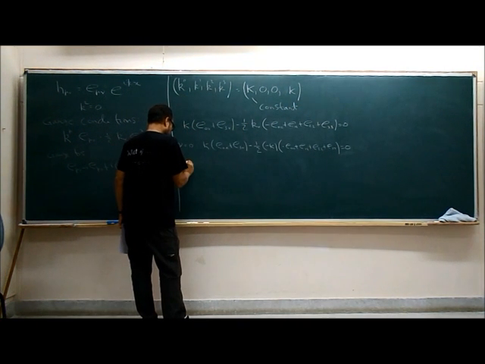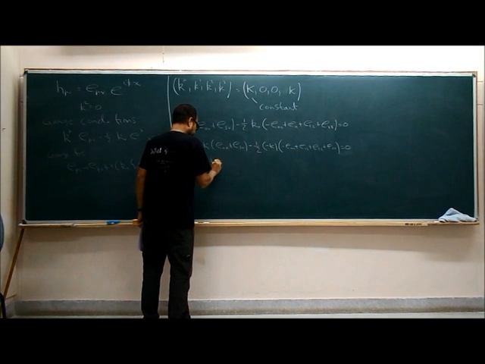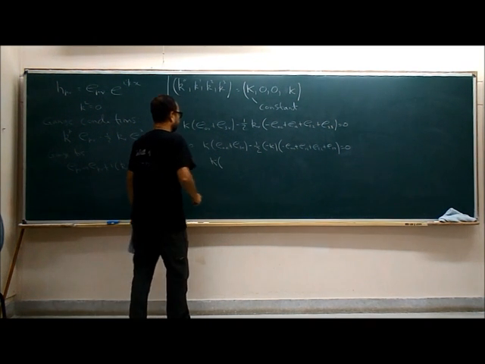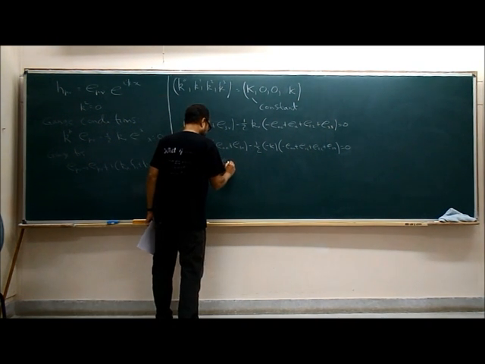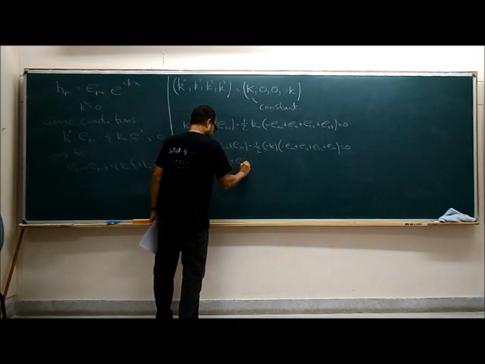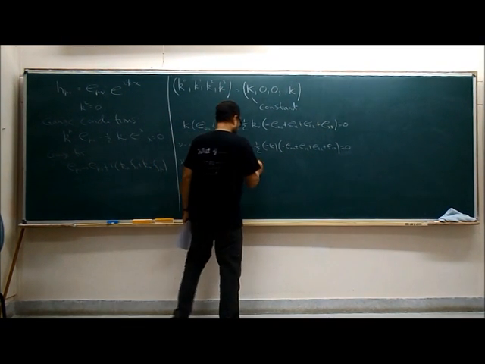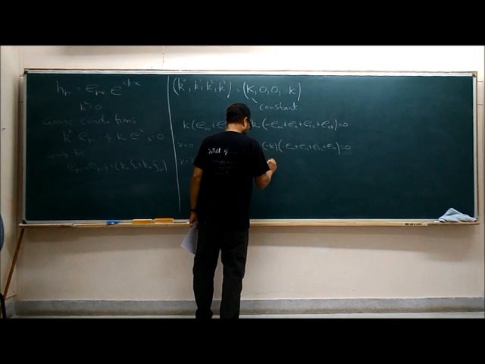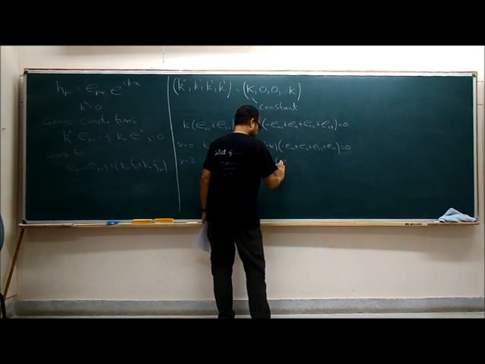Mu equal to 3 will give you k times E03 plus E33, minus half times k, and so on.